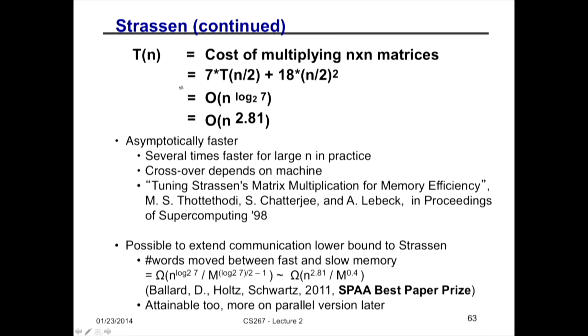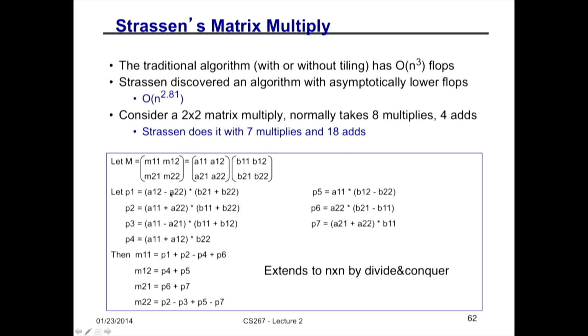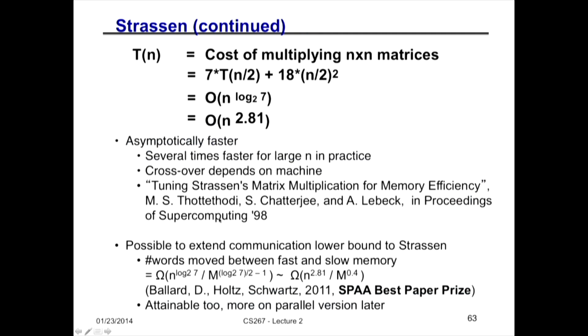And so if I write down the recurrence for how much time it takes, think of counting floating point operations, I'm going to solve 7 multiplications of half the size. That was 8 in the old algorithm. And then I do a lot more additions, right? If I count them, I'm doing 1, 2, 3, 4, 5, 6, add them all up. There are 18 additions, right? So this term is certainly a lot bigger. I just did 4 before.